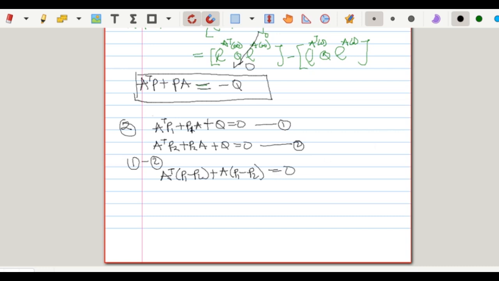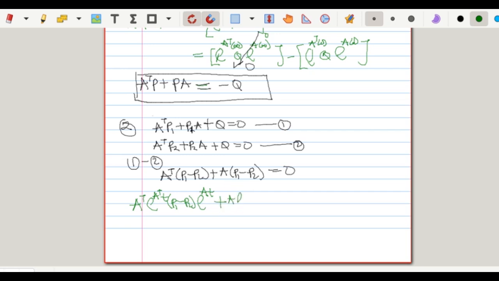And so here let's multiply by exponential A transpose T on the left, and also multiply by exponential AT on the right, on both sides of the equation.